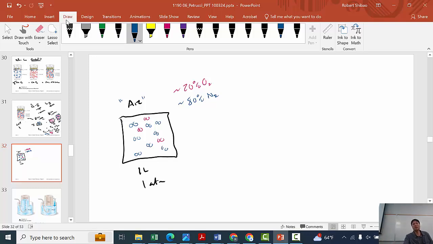So let's imagine this mixture as being Dalton's. Let's separate it. If this were Dalton's, how many liters of oxygen do I have? I have 1 liter of oxygen.